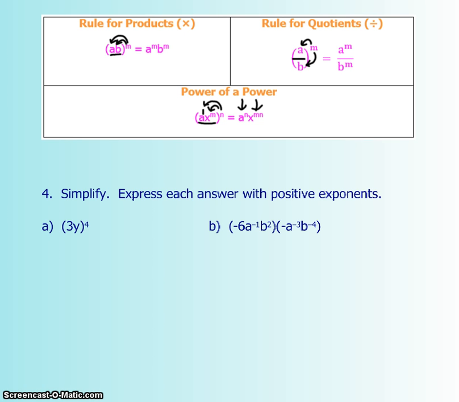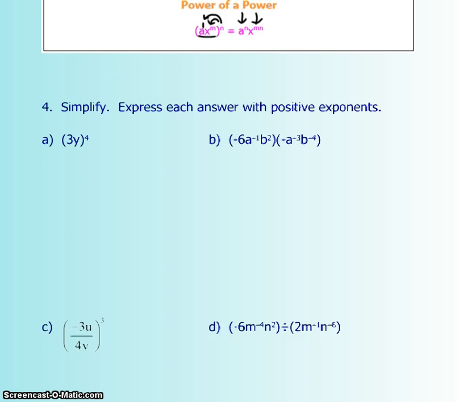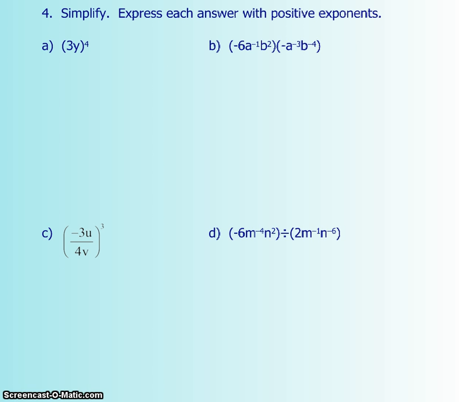Alright, so what we're going to do now is just continue on to number 4 from the previous video. Now number 4 asks us to simplify, and we want to make sure that our answers are in positive exponents. Here we have a product, 3 times y, and each of those components is going to be affected by the 4. 3 to the power of 4 and y to the power of 4.